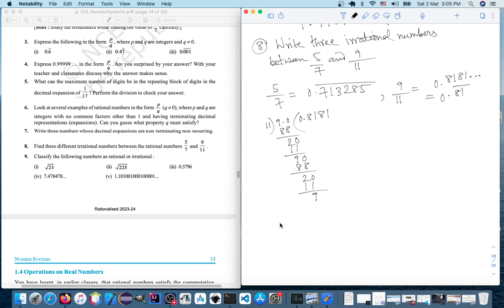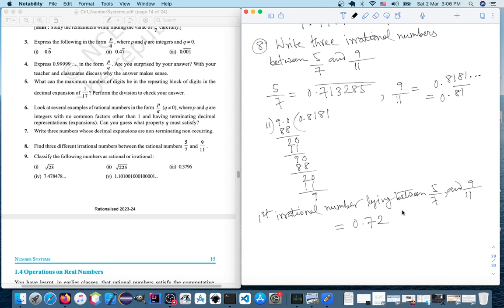So the first irrational number lying between 5 by 7 and 9 by 11: we can start with 7 and immediately write 2, so 0.72 is definitely greater than 0.71 but less than 0.81.